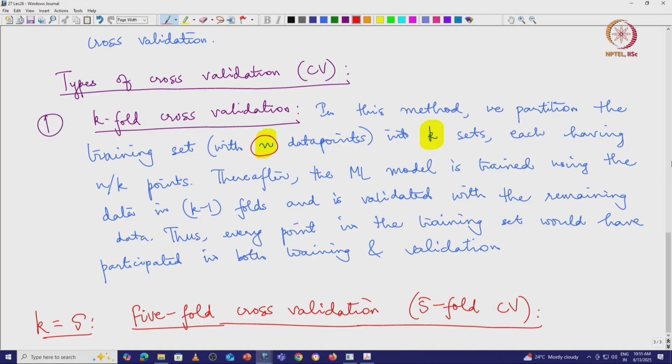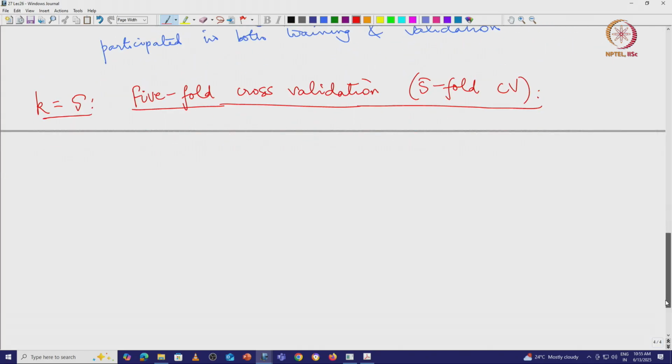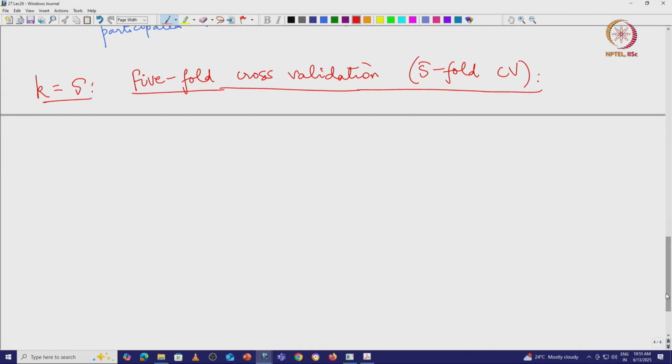So, let us see what this 5-fold cross validation, when k equals 5, looks like. There are 5 folds here, and I am going to explain pictorially what happens.